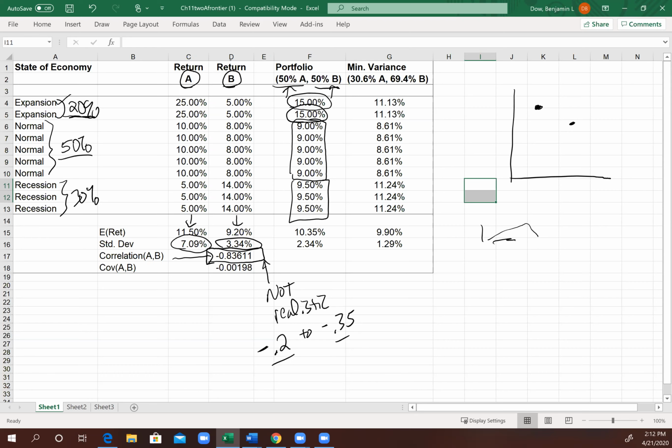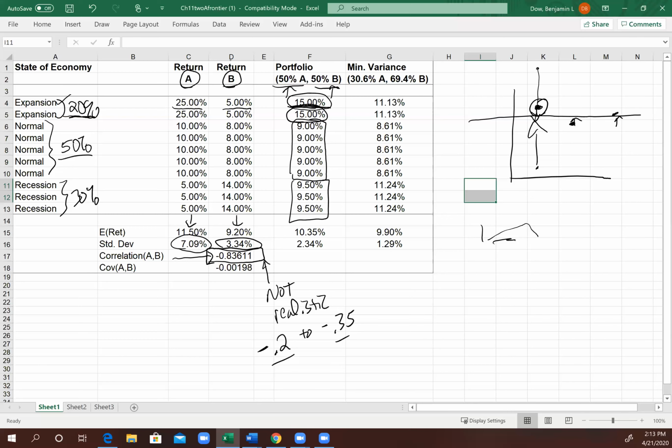The average risk of the portfolio is rather small, even though the individual stocks that make up that portfolio are rather large. So by having a 50-50 portfolio during good times, your average is around 15.